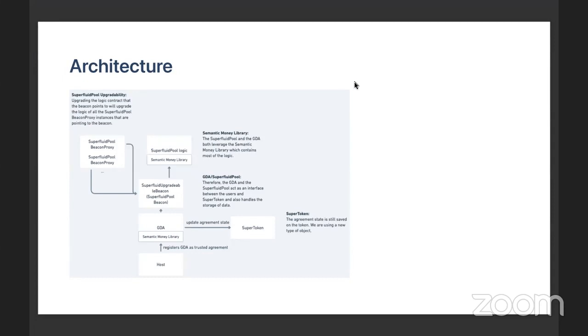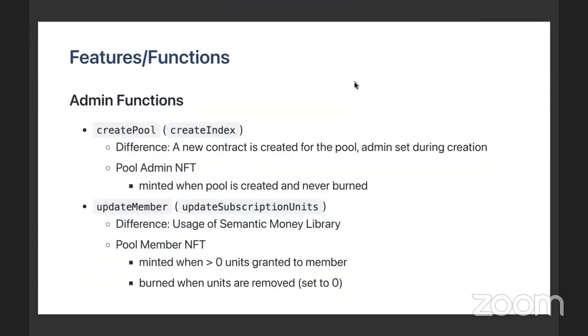Okay, I'm gonna continue. So I'll jump over the different features. They're basically functions, I guess. So starting with the admin functions, you have create pool, and the exact thing in IDA would be create index, I guess.